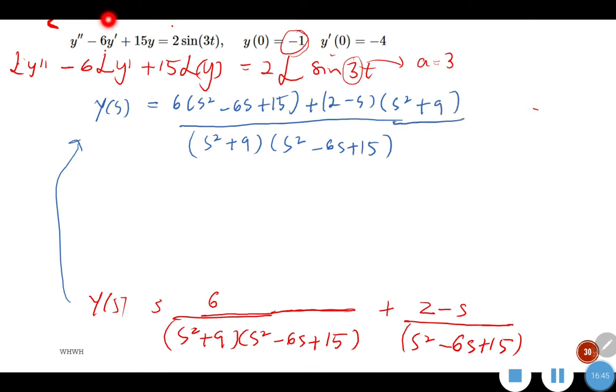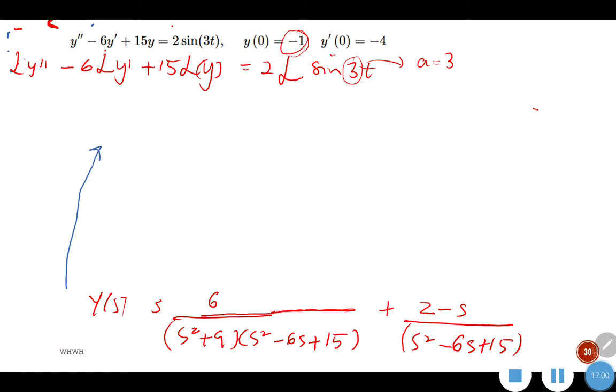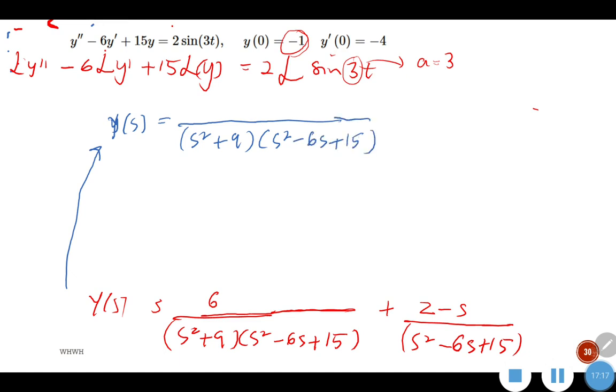Okay, so you need to simplify this. Factorise, expand, and so from here we have Y s equals to, make it a common factor, everything over s square plus 9 multiplied with s square minus 6s plus 15. So the 2 minus s also we need to multiply with s square plus 9.